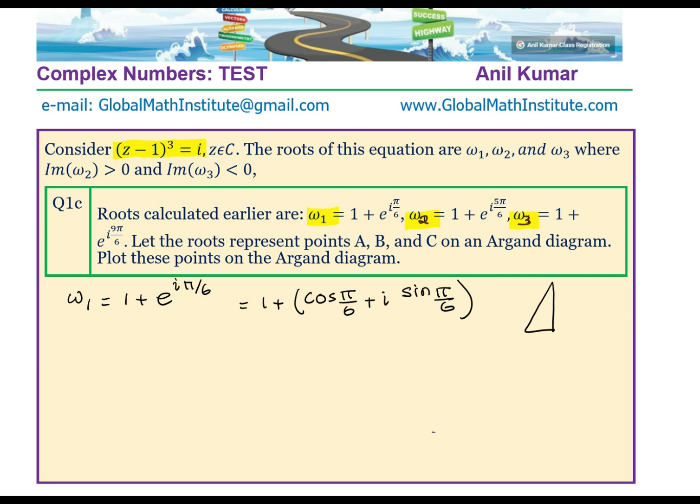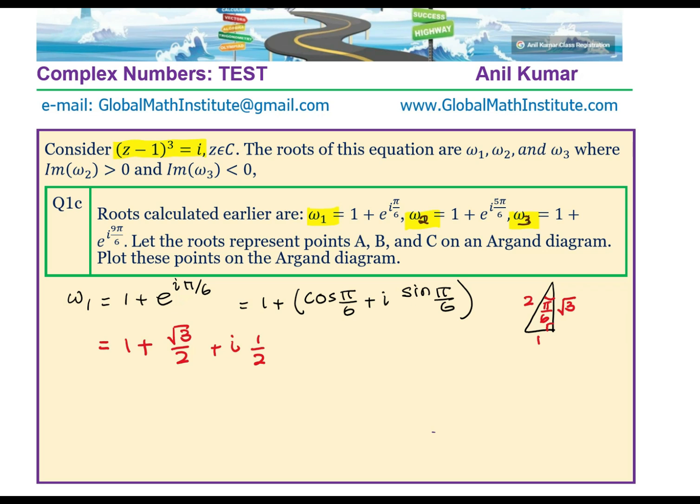This is pi by 6. Okay, great, so this is our special triangle. So we can write down the value for omega 1, which is 1 plus cos pi by 6, square root 3 by 2, and sine pi by 6 will be half. So that becomes the value of omega 1.